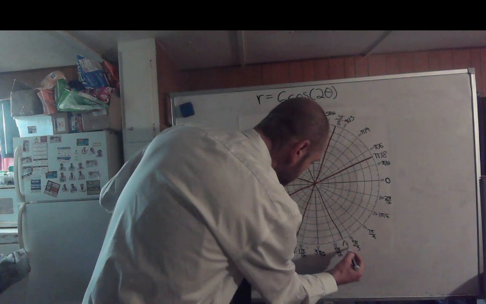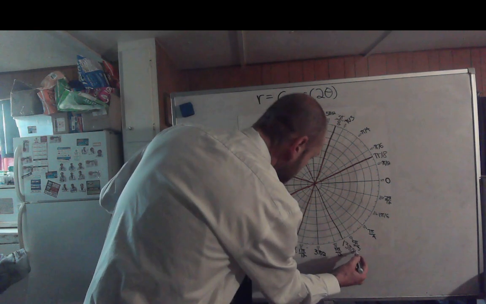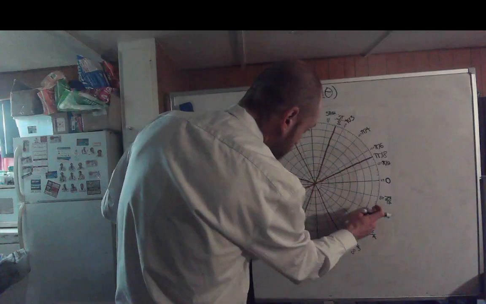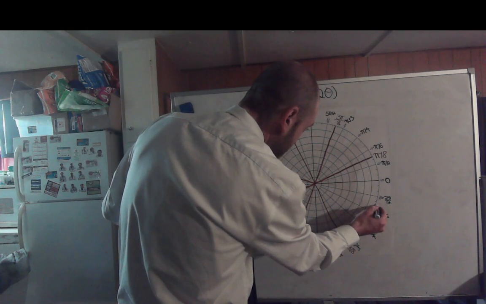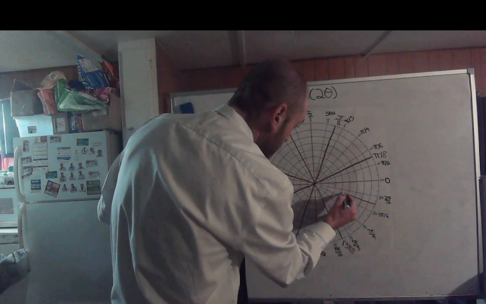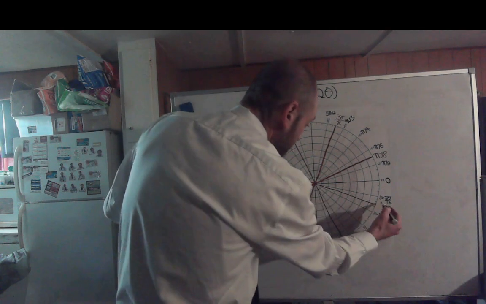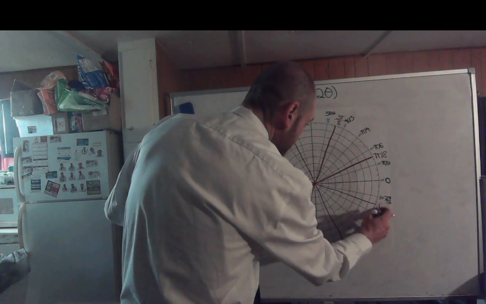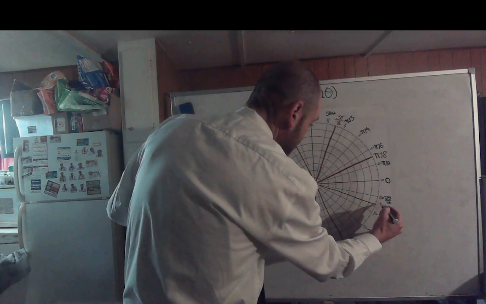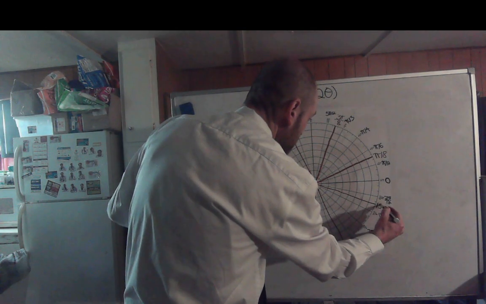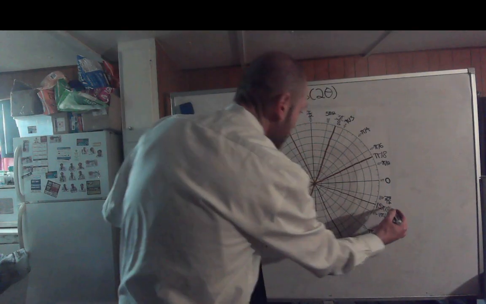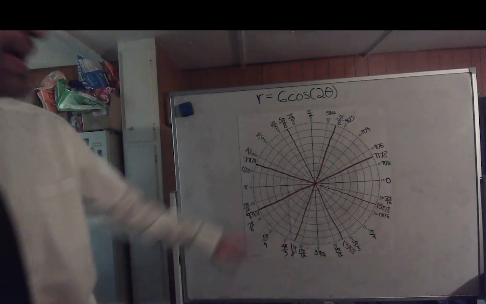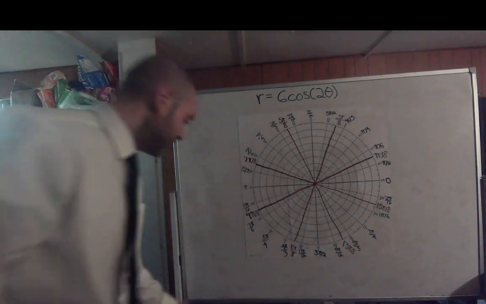So here's my 13 pi over 8. Then I need to get a 15 pi over 8. So yes, if you have other multiples of theta, you may have to draw extra axes that you didn't intend to, because you need to capture all of the special values in between. Okay, so we have every single special axis we can think of.